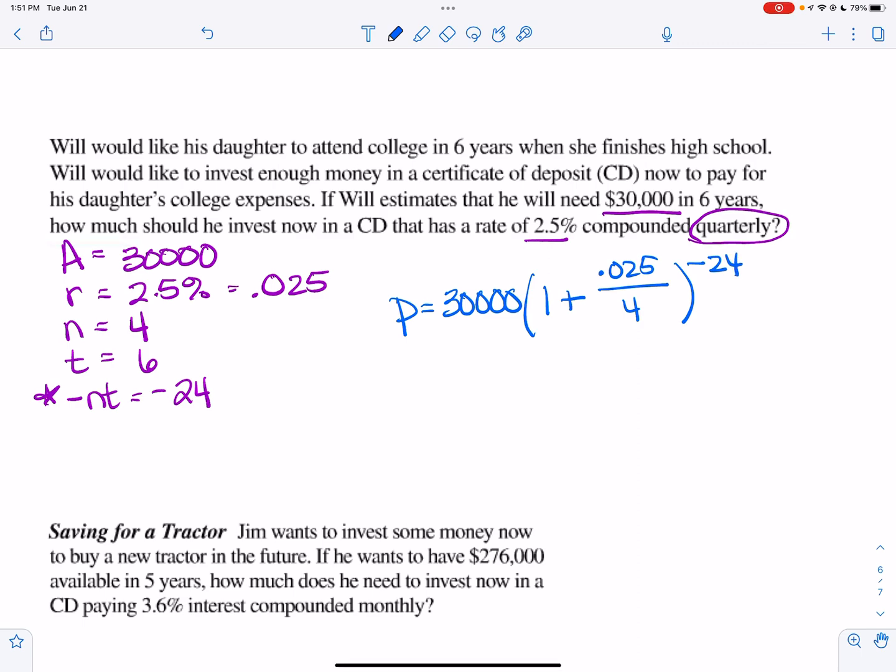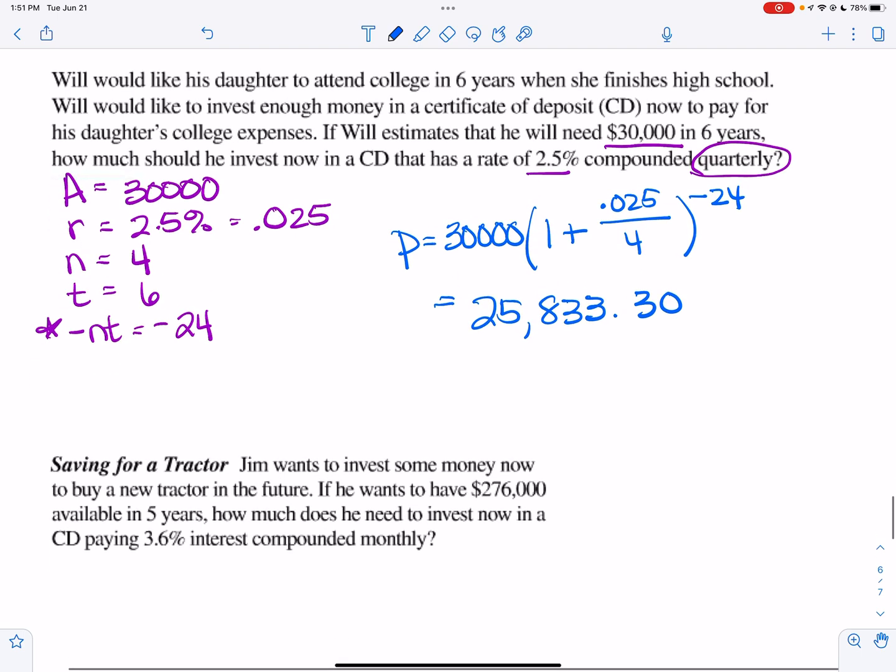And that negative 24 power is what's going to help me figure out how much I have to invest. And so when I punch this in my calculator, I am going to get $25,833.30.